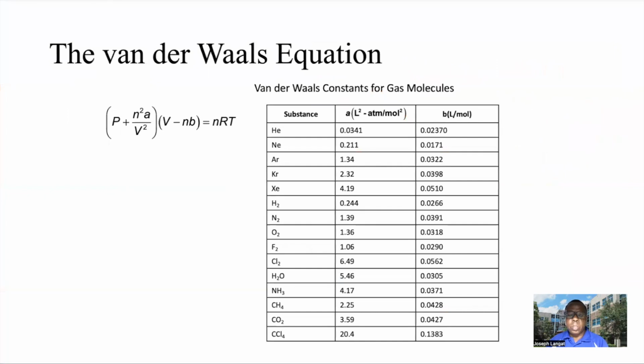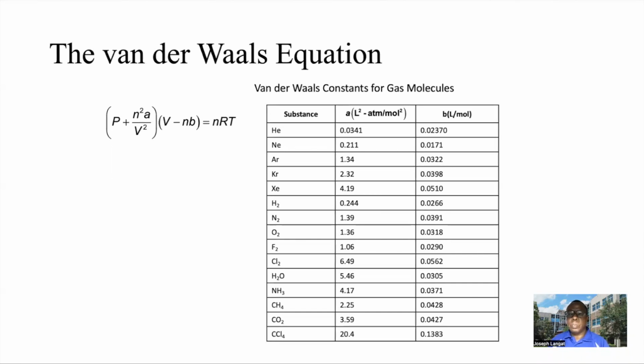a equals 3.59, this is the value for a for carbon dioxide. I'm going to show you my whiteboard in a moment. This is a, and remember the units here. b is 0.0427.